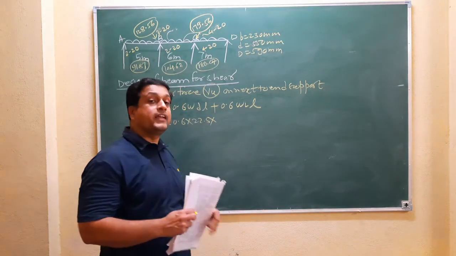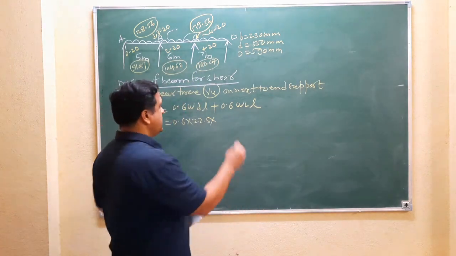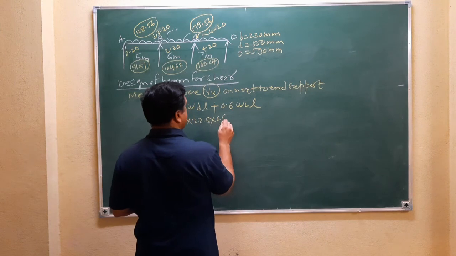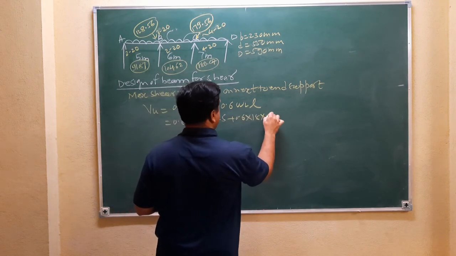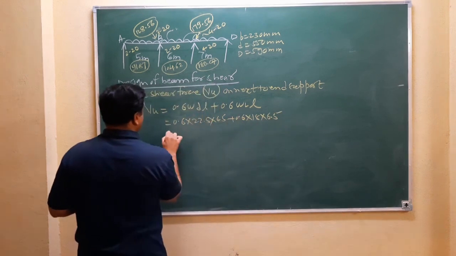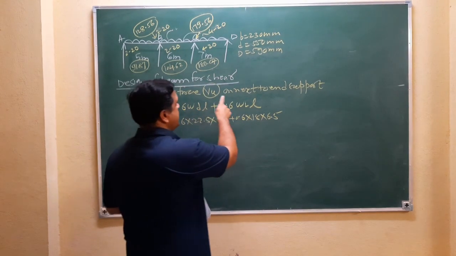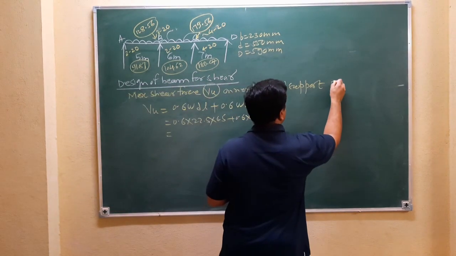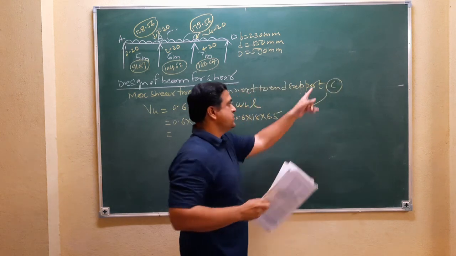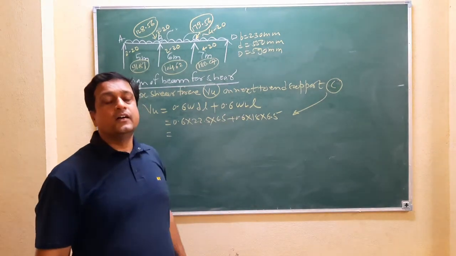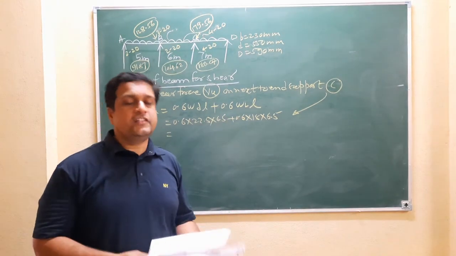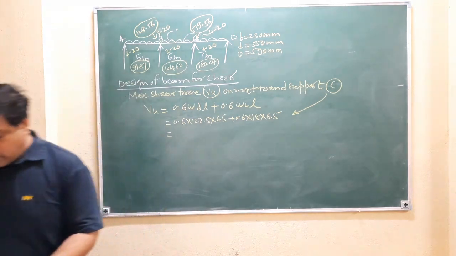So take the greater average span, 6.5, plus 0.6, 18 is the live load. So the maximum shear force is on next to end support C, because it has the greater average span.